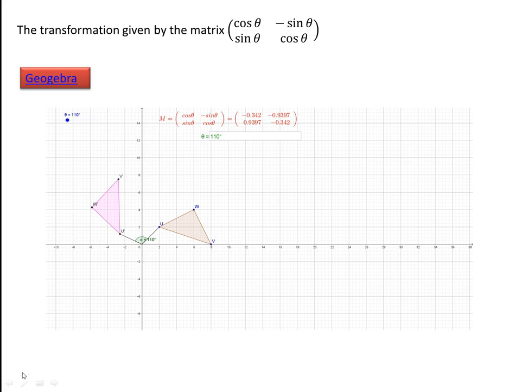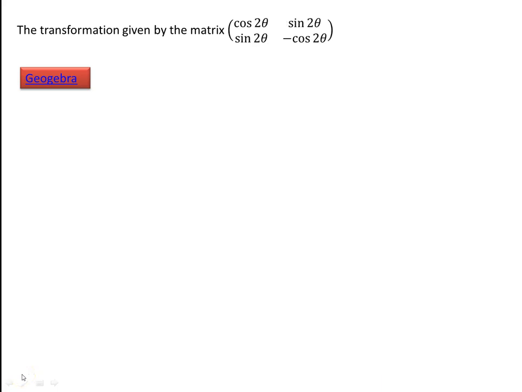So we're saying that the matrix cos theta, minus sine theta, sine theta, cos theta gives us an anticlockwise rotation of theta about the origin. Now there's a second matrix that we're going to investigate, and this is the matrix cos 2 theta, sine 2 theta, sine 2 theta, minus cos 2 theta. And again we're going to investigate it with the aid of GeoGebra.